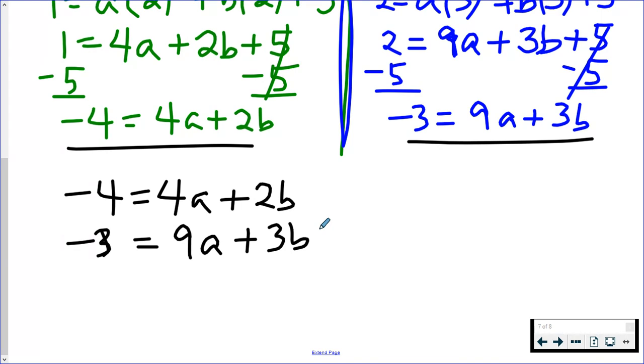I'm going to go ahead and eliminate B. So to eliminate B, I need to have opposite signs with the same coefficient. So in order to cancel this out, what I'm going to do is multiply the top equation by -3 and the bottom equation by 2. Make sure that you multiply all three terms by these numbers.